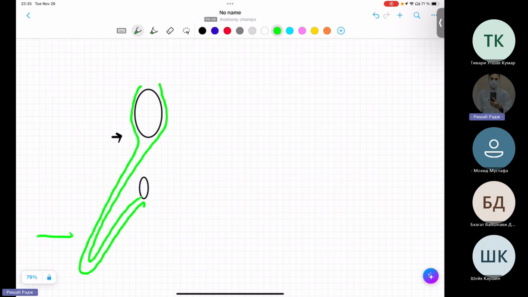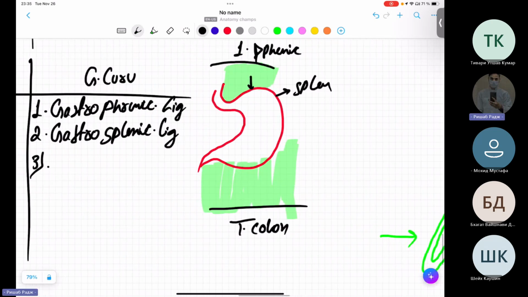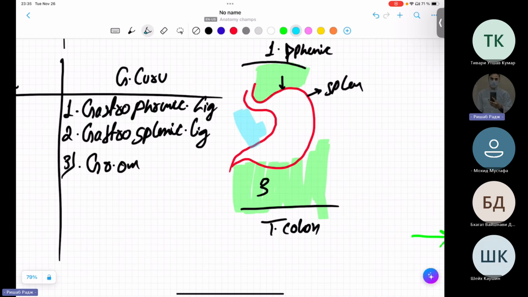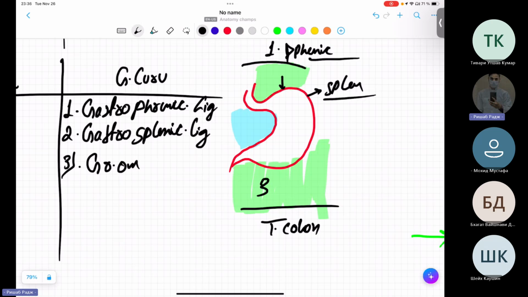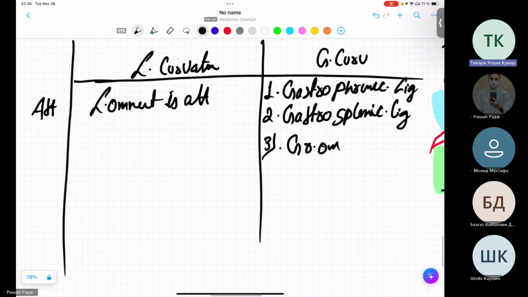And this part that you see here, this is your greater omentum. So at the lesser curvature, you had lesser omentum; greater curvature, greater omentum. In the upper part, you had the gastrophrenic ligament and gastrosplenic ligament. Isn't that clear?